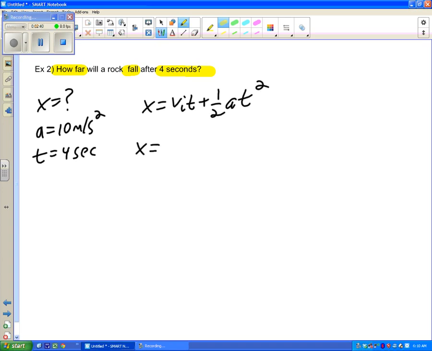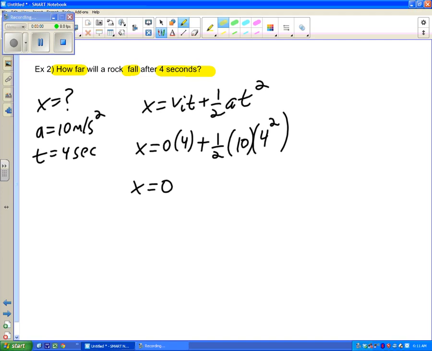And for the same reasons, because it is dropped from rest, vi is just 0. It's starting from 0 before gravity grabs onto it and pulls it down. A is 10. I'm just plugging my numbers in.